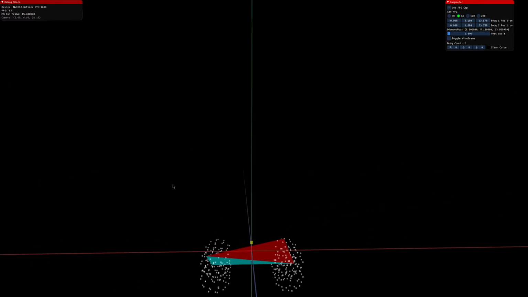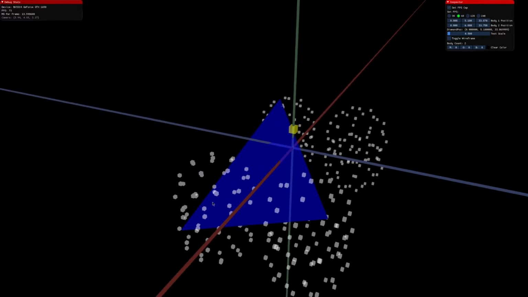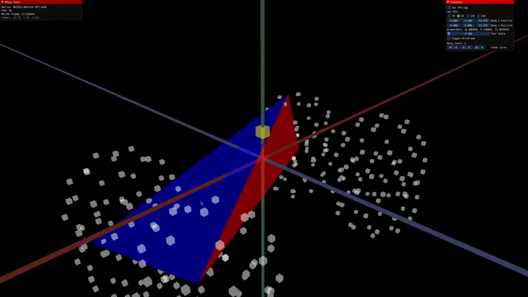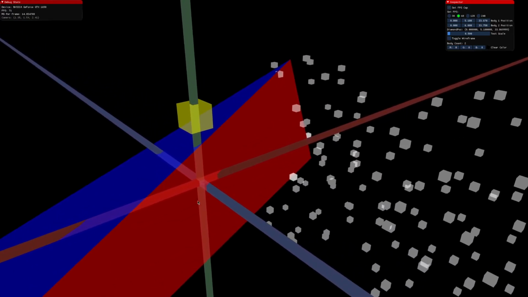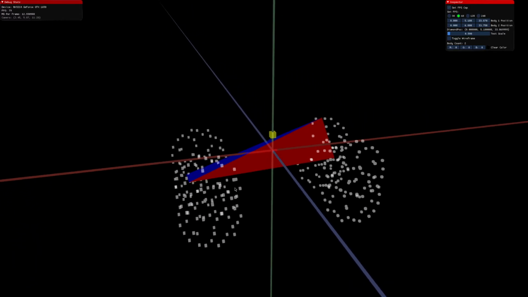Okay. So EPA starts off from where GJK left, right? And the purpose of EPA is to find the closest triangle from the origin, right? And that triangle has to be on the perimeter of the convex hull that we get out of this Minkowski difference shape, right?